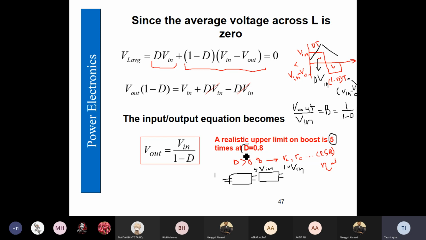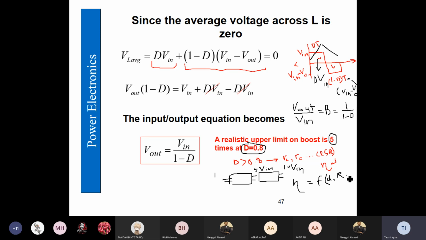So therefore, there comes the limit of the duty cycle. The duty cycle cannot be larger than 80%, because if we keep the duty cycle high, there is efficiency also involved, which is a function of duty cycle and the ratio between the parasitic resistances and the load.